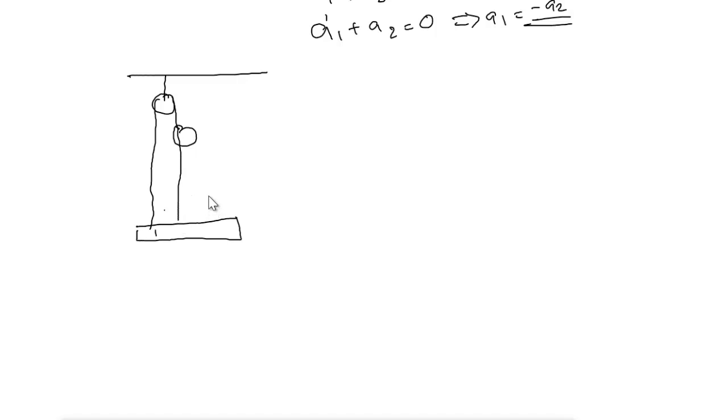One end is connected to mass 1 and the other end to mass 2. In this case, how can we find the relation between A1 and A2?